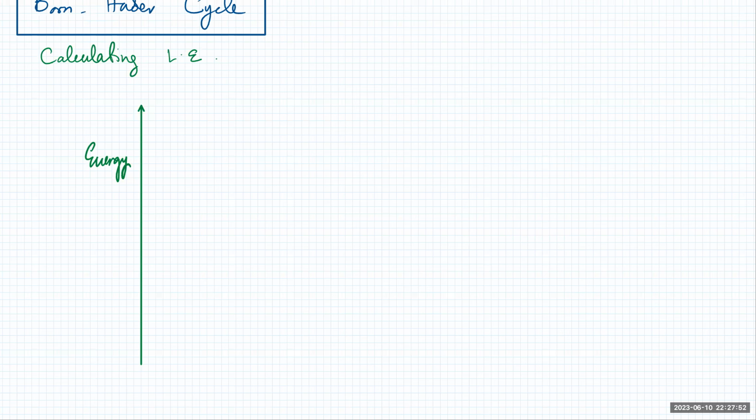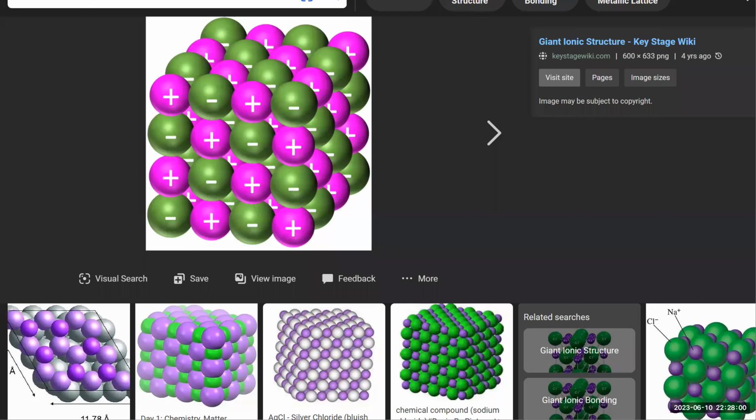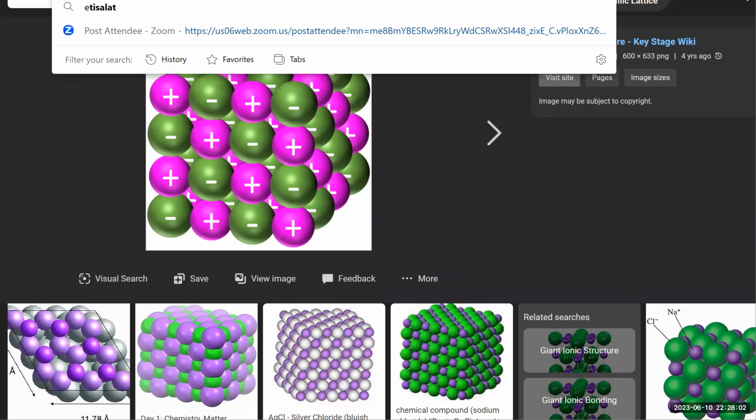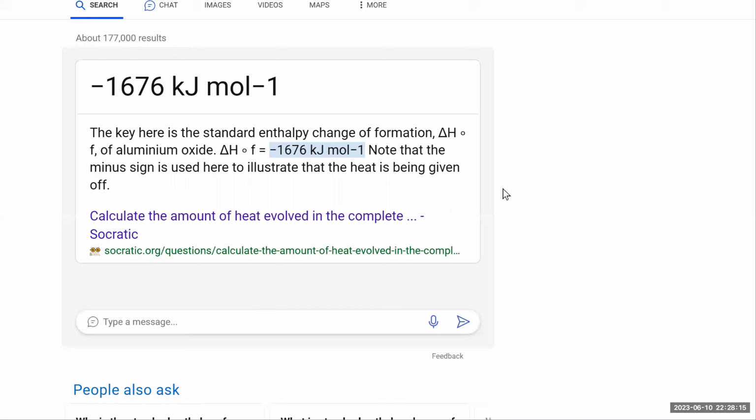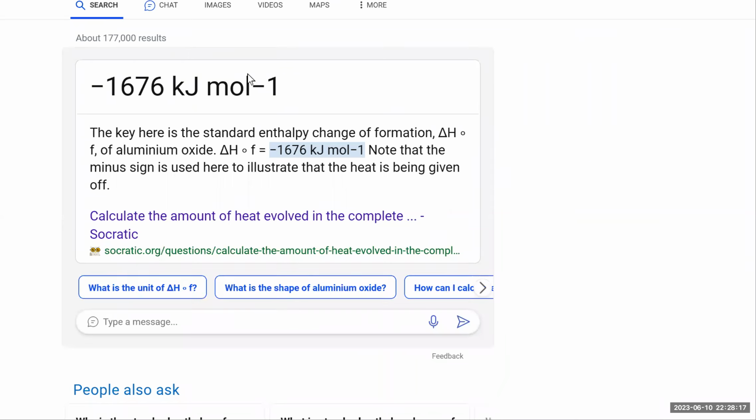So you're going to start off with the enthalpy change of formation. I don't actually know what the enthalpy change of formation of aluminum oxide is. Just one second, if I can get a value. So that's fairly exothermic.